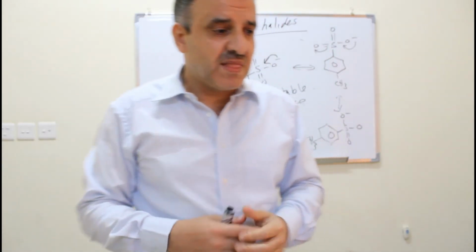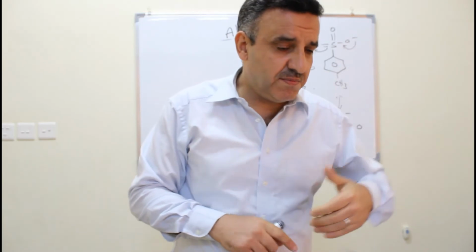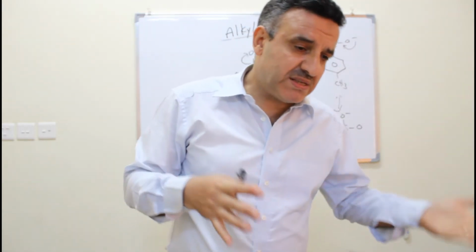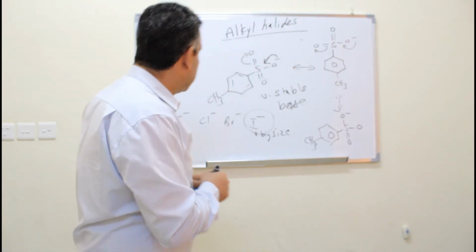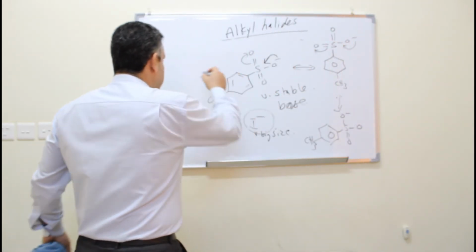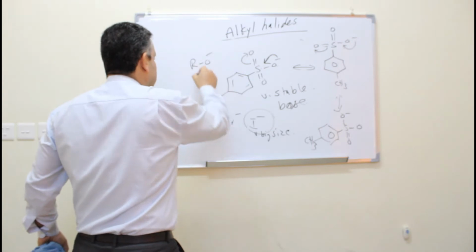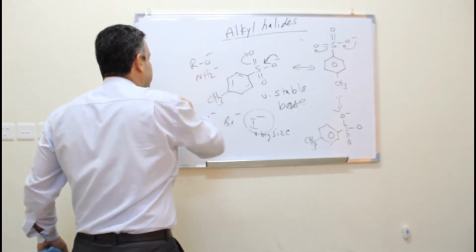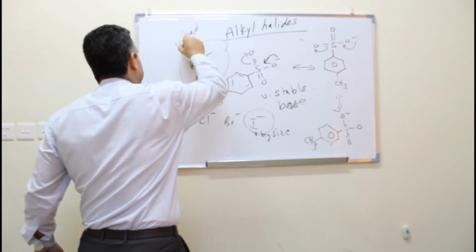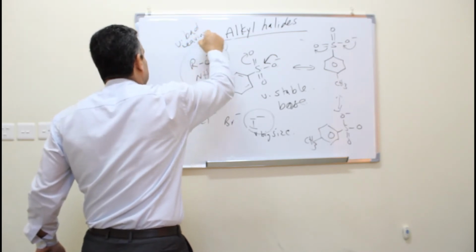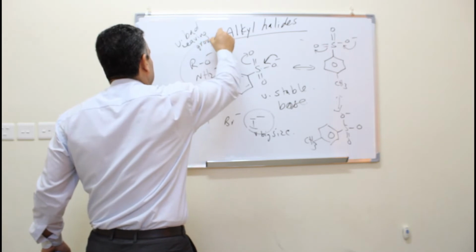That's the reason behind the nature of the leaving group and how it becomes a better or bad leaving group. Therefore, bases like RO minus or NH2 minus are very bad leaving groups. Why?